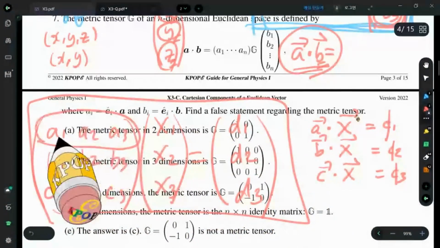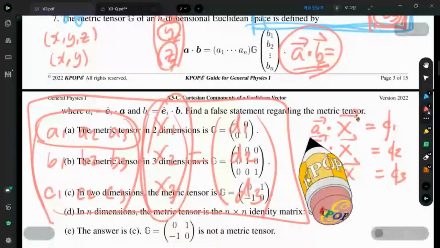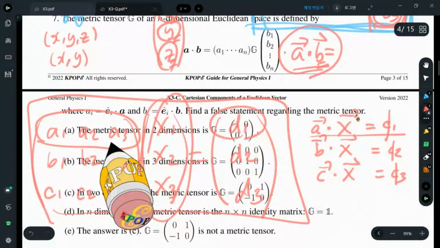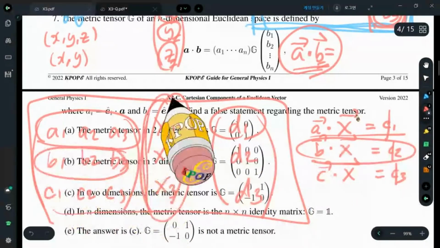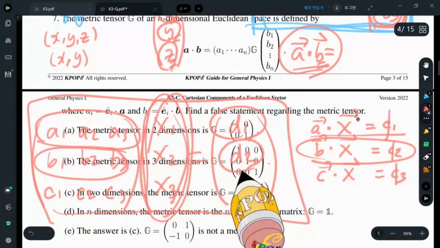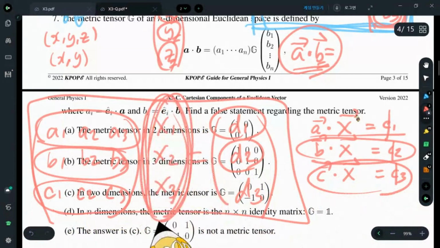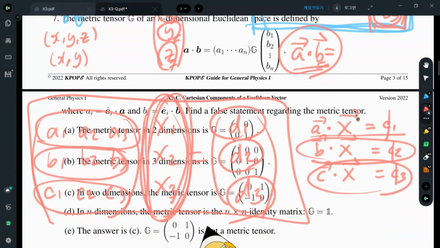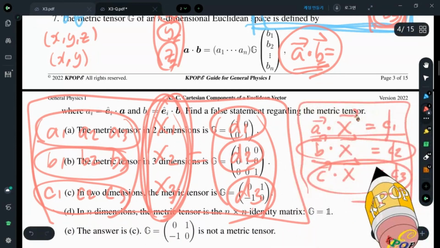The first row multiplied by x1 to 3 represents the first equation. This equation is represented by multiplication of these two, and this equation is a multiplication of this and this. Okay, so a matrix is nothing but a different representation of scalar product.